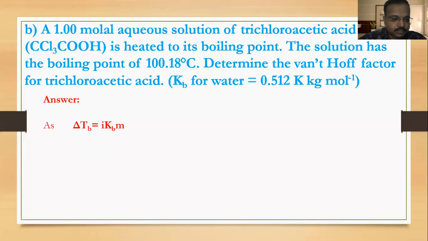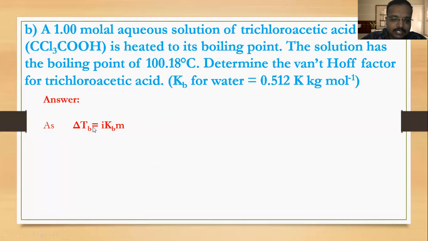So first of all, we know that delta Tb is equal to Kb into m, isn't it? Where the van't Hoff factor comes in, you can add this factor also. So it will be multiplied, I mean i into Kb into m. The formula is delta Tb is proportional to molality.